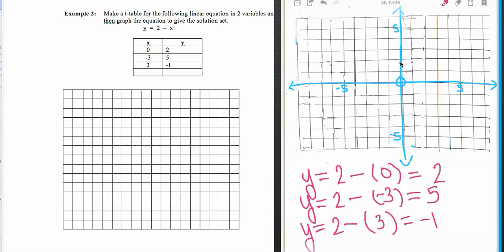So (0, 2), plot that. The ordered pair here, because we always want to put the ordered pair on the points. Then (-3, 5), so right there, and label it as well.